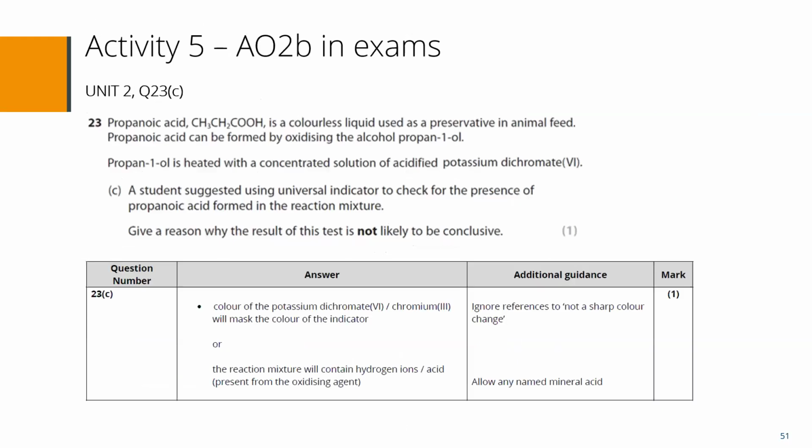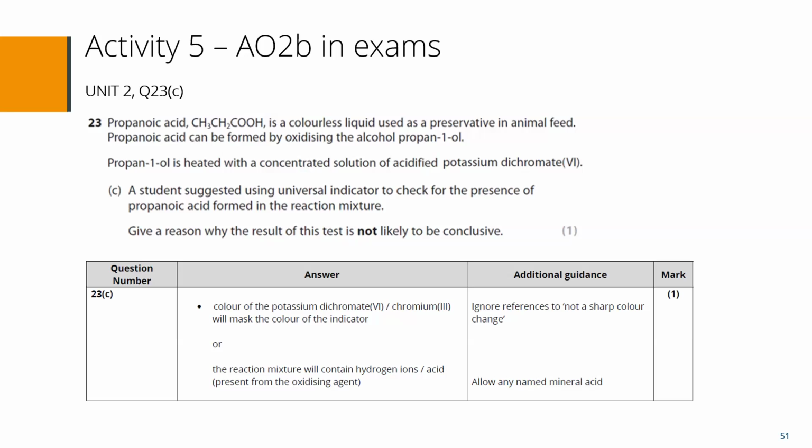Okay, the next question. These questions, by the way, were all taken from the June 2019 exam series. Every question that appears on this presentation is from the June 2019 exam series. Right, we've got propanoic acid, a colourless liquid, a preservative and animal feed.